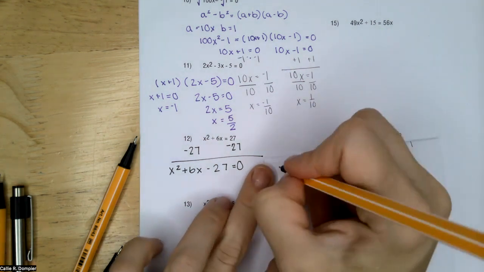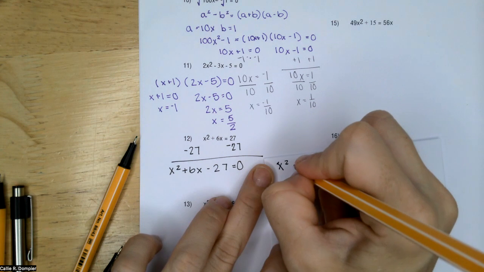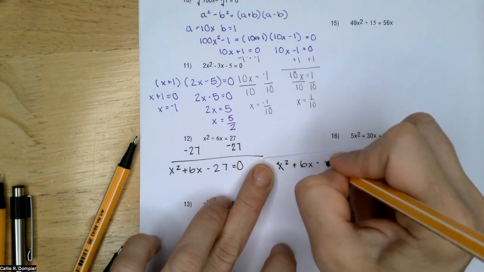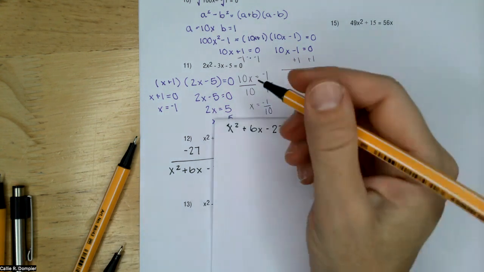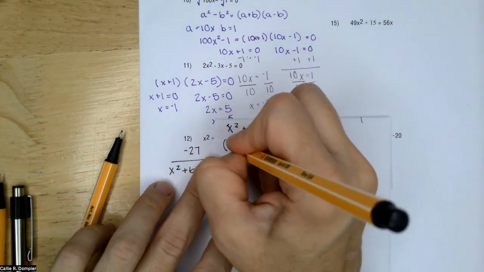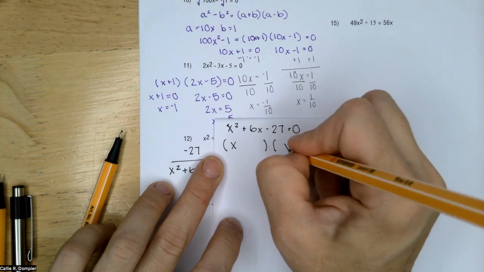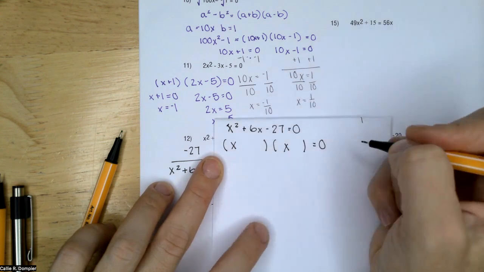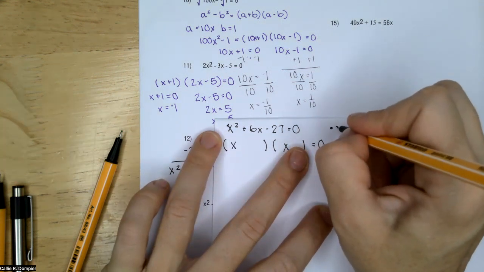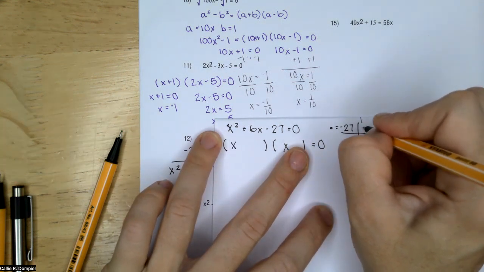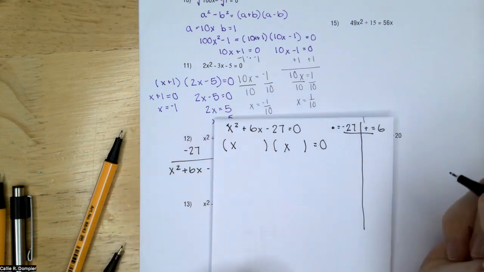All right, so now you can factor it. x squared plus 6x minus 27 is 0. This is a, so we know x squared just becomes x times x equals 0. We need two numbers that multiply to equal negative 27, but add to equal positive 6.